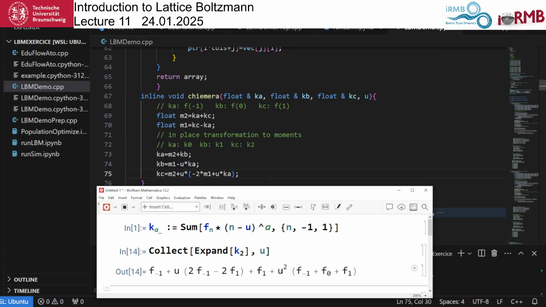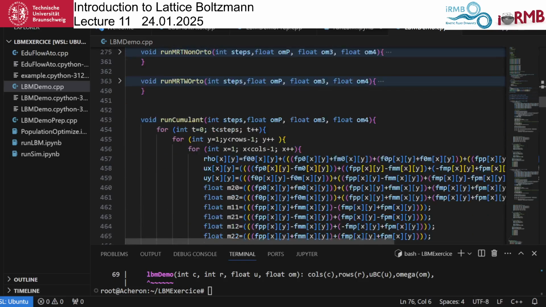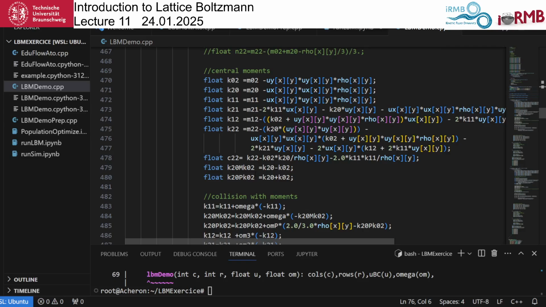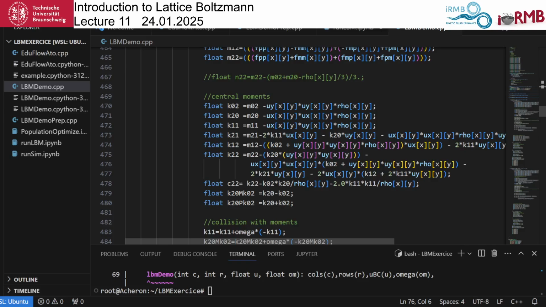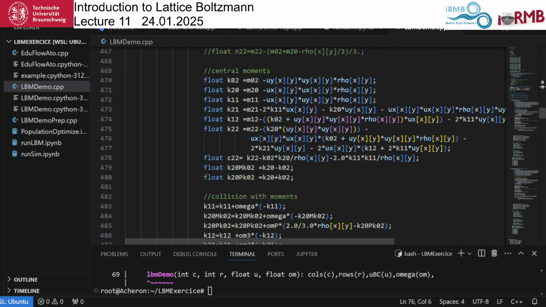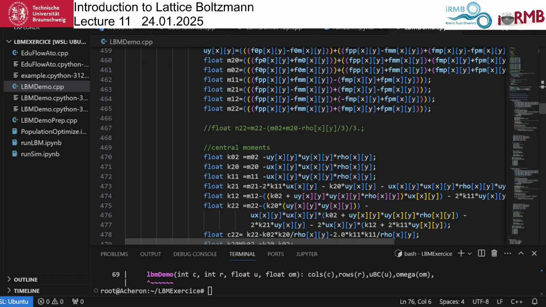So it's the same thing. Now we have implemented this transformation, and what the transformation is supposed to do is to replace all of these.